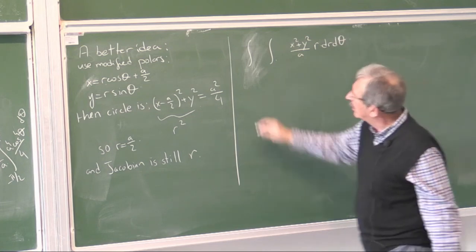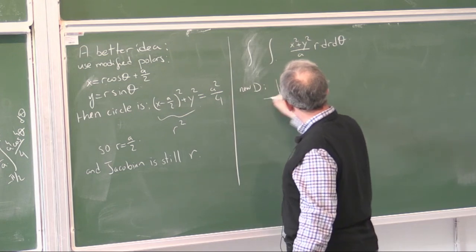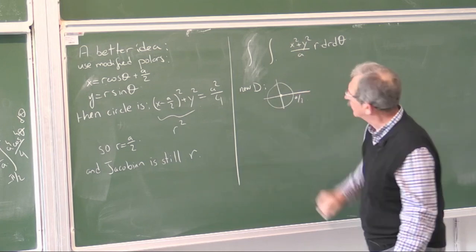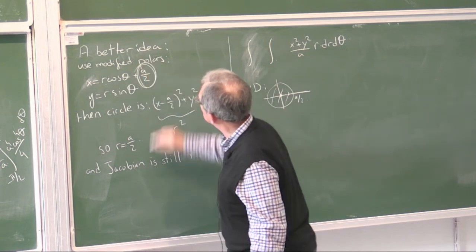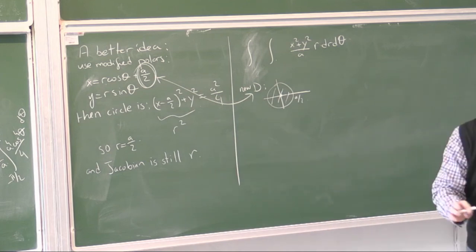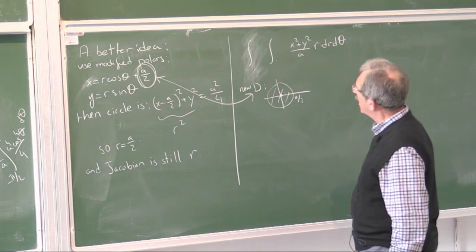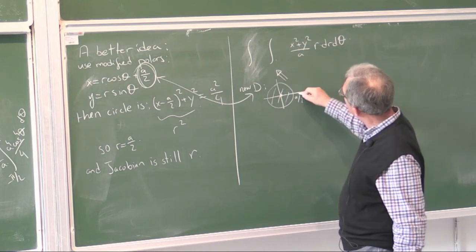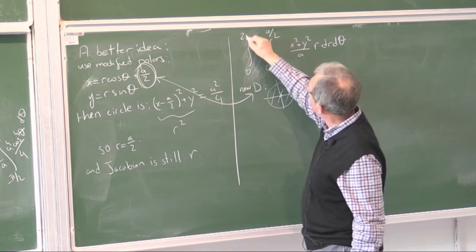But now the new D is a circle centered at the origin with radius a over 2 because of this here. It shifted our circle to the center. Well, for this D then, here we get 0 to a over 2 for r and 0 to 2 pi for theta.